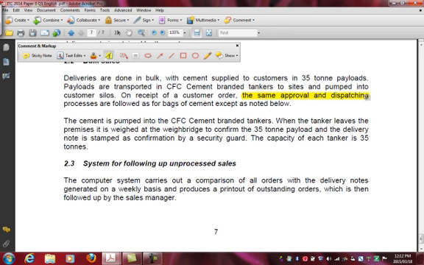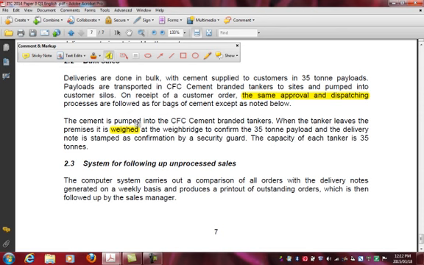The cement is pumped into CFC cement branded tankers. When the tanker leaves the premises, it's weighed at a weighbridge to confirm the 35-ton payload, and the delivery note is stamped as confirmation by a security guard. The capacity of each tanker is 35 tons.